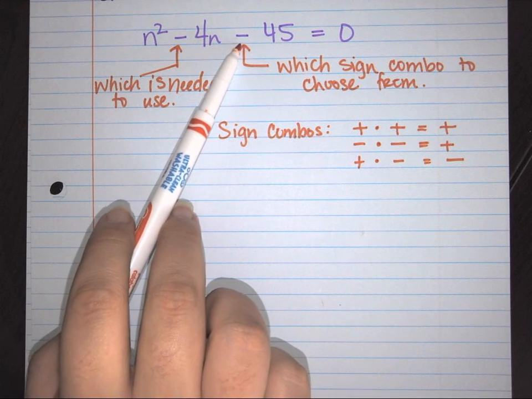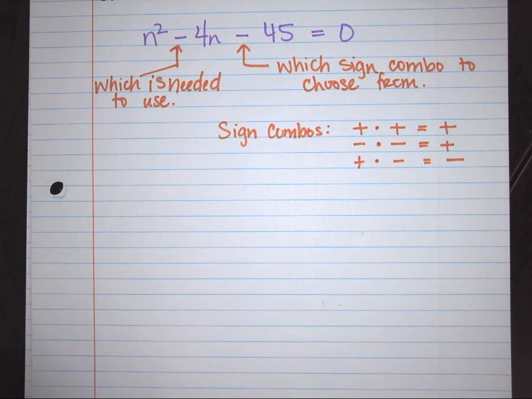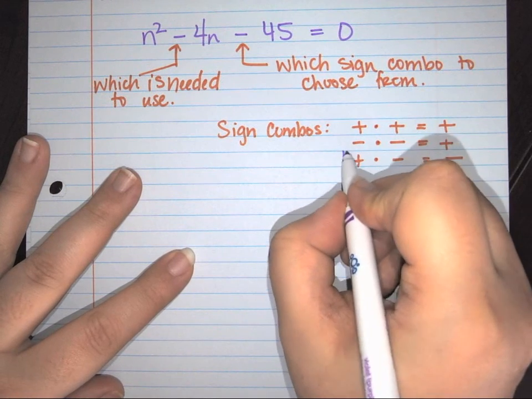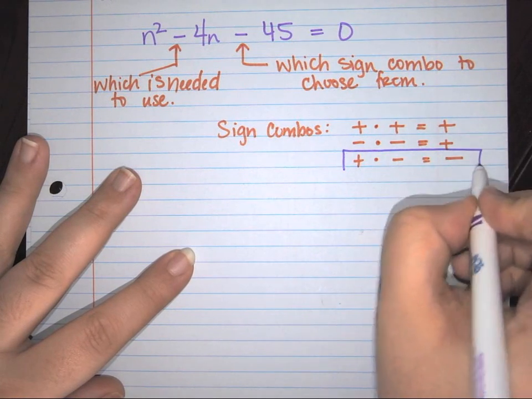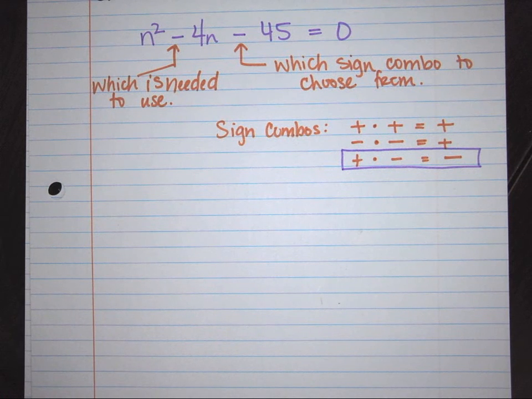So the back term or the back sign tells you which combination you have to choose from. So in this problem, my sign is negative, so the only combination I have to work with is this last one, which says that my factors have to be one positive, one negative. Okay?